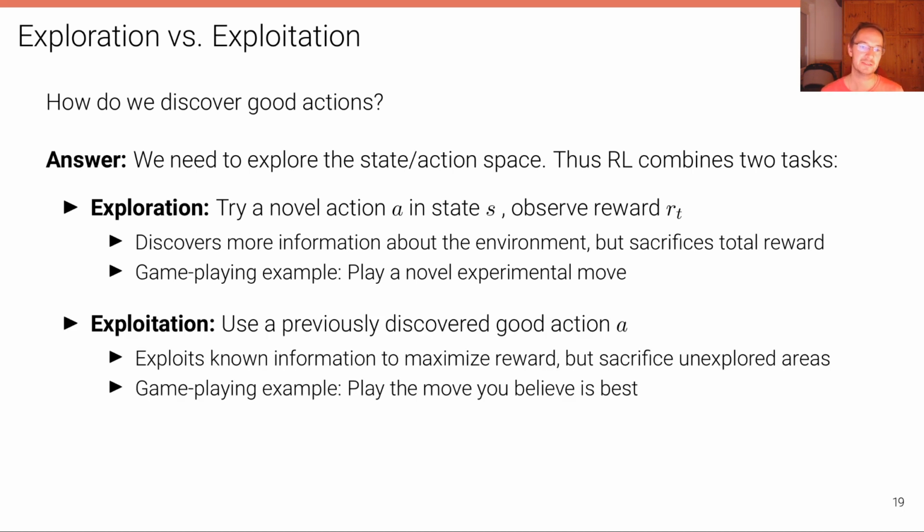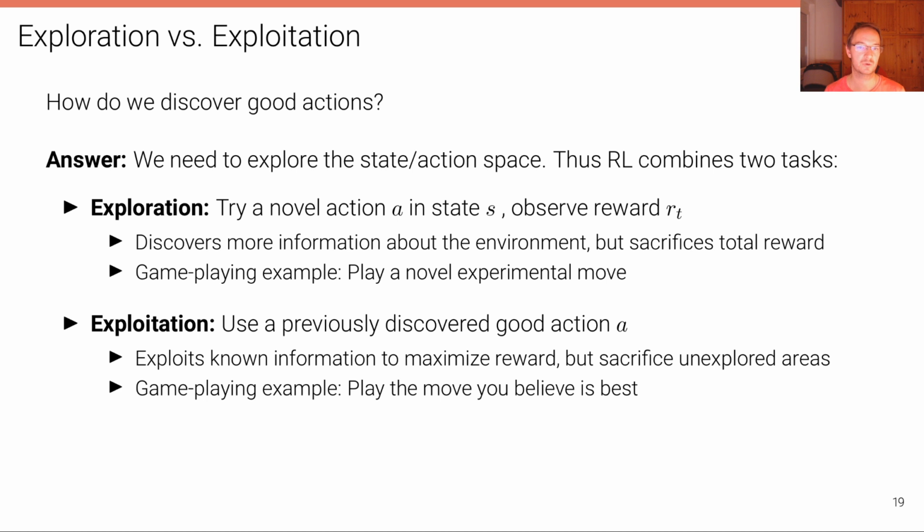The other fundamental task in RL is called exploitation. In exploitation, we use a previously discovered good action, an action we know was a good action. And of course, by using an action which we know is good for a particular state, by exploiting this information, we are maximizing the reward because we know it's a good action. But at the same time, we sacrifice unexplored areas.